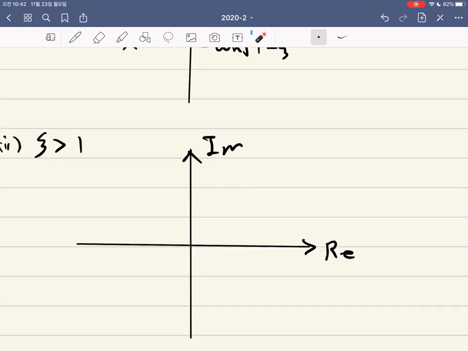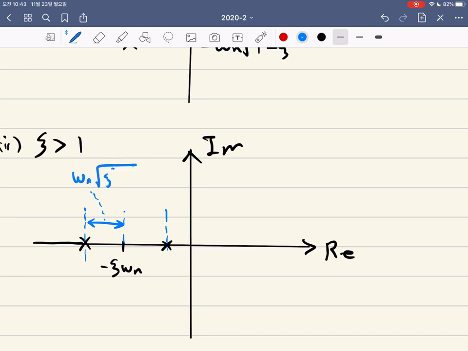So this will be your minus zeta omega n, and you have a pole here and a pole here, at the same distance. So this much will be omega n square root of zeta squared minus 1, and this is also the same amount.